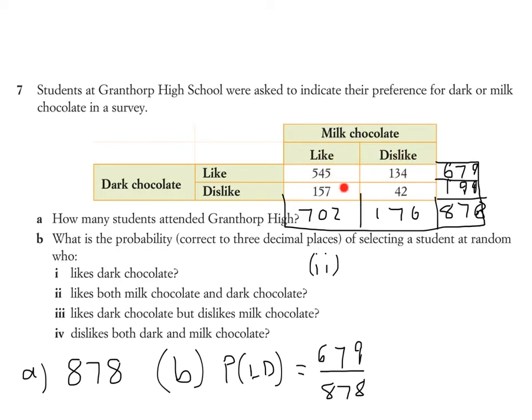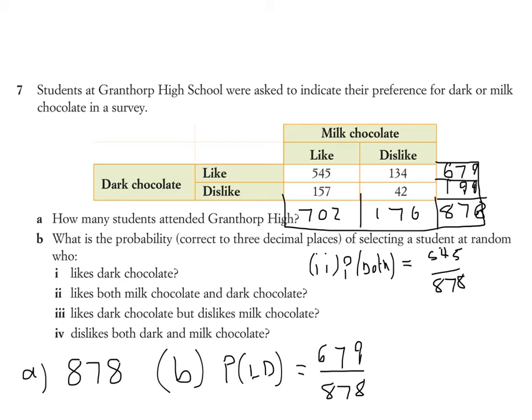Which group likes both milk chocolate and dark chocolate? Well, it's only these guys, 545. So the probability that you like both is 545 over 878.